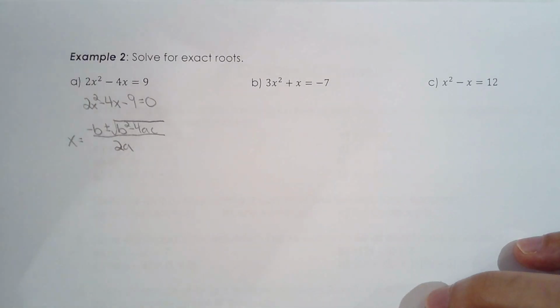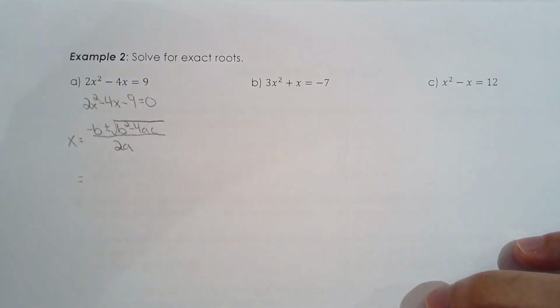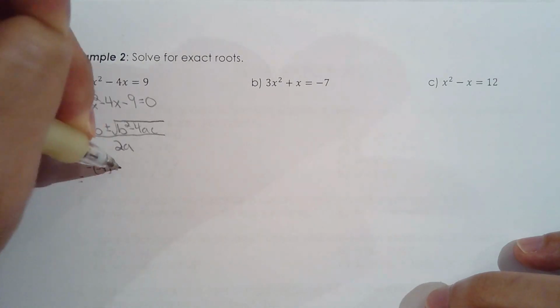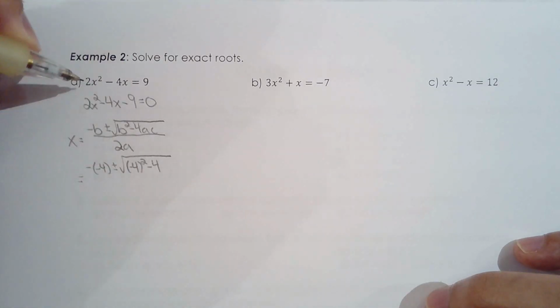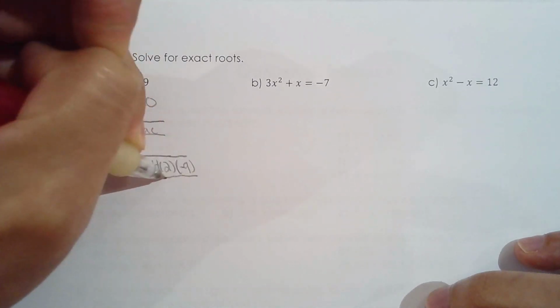I'm writing the formula out because I really want it to sink into your head, so have it memorized. So plus or minus the square root of negative 4 squared minus 4ac, all over 2a.